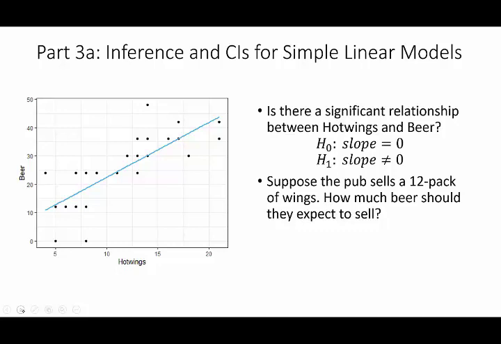Well, we can already give them a number value. We could just look at our predictions here based on our line and say, it looks like they'll sell about 26 ounces of beer for every 12 pack. But what we'd really like to know is, what can we say about the range of plausible values? And that will take us into this idea of confidence intervals versus prediction intervals in part 3b of this video series.